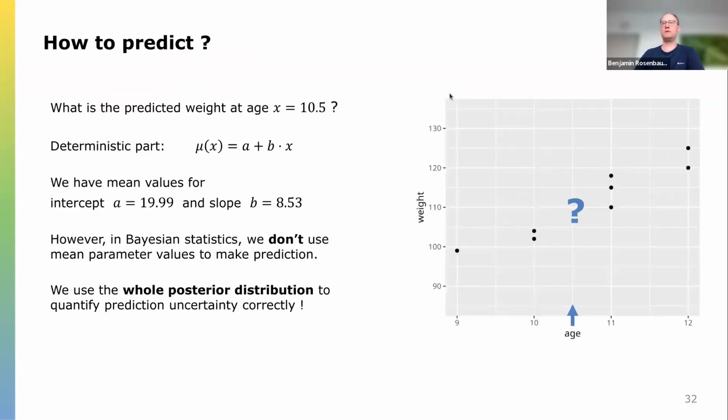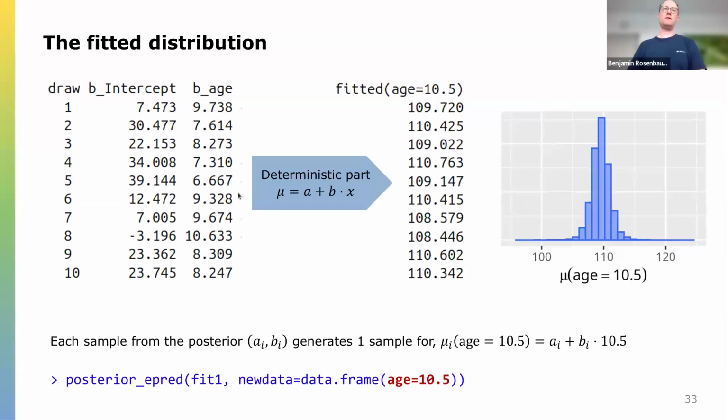So I have my predictor value. Then for each sample of the posterior, I can make this prediction. It's just intercept plus slope times age, and I get a value. And I can do this for all of them, and I get a distribution of values here. And this will define my distribution of my fitted values at age 10.5.